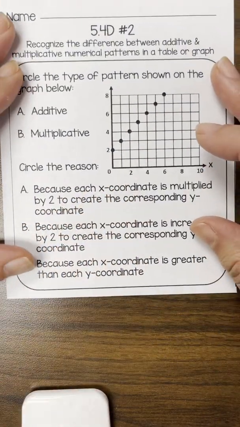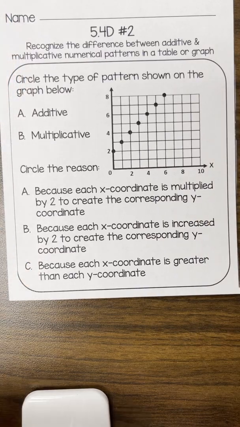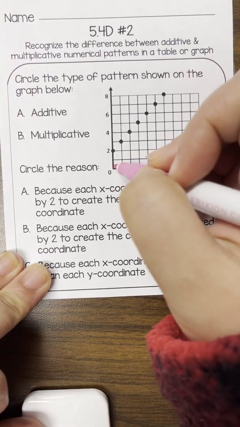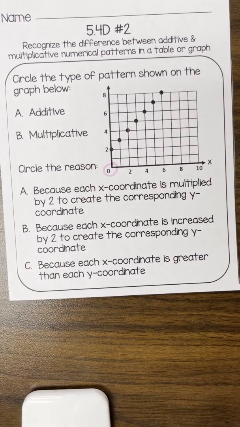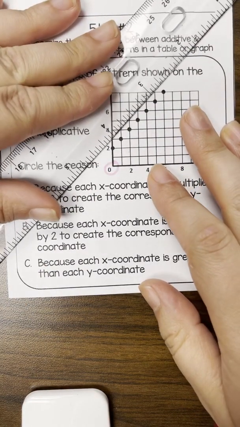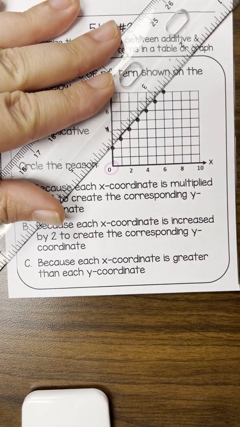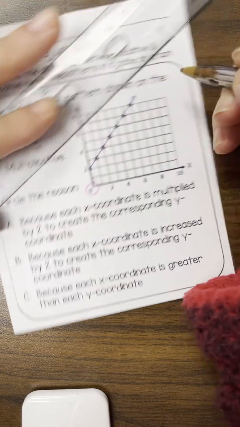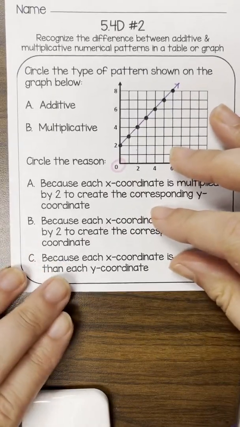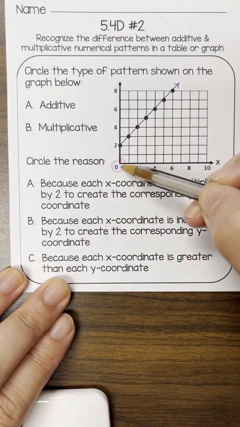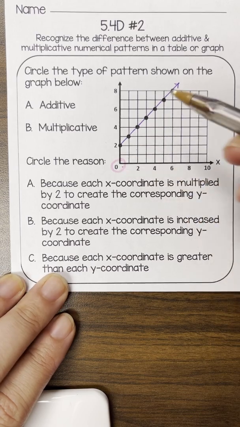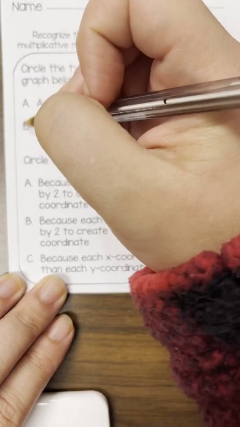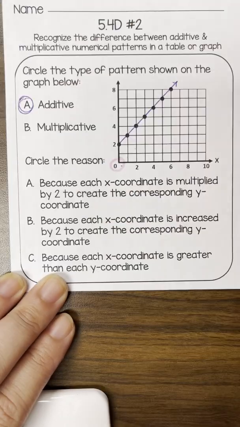All right. So again, we're going to look at the origin, which is 0, 0. Okay, and again we're going to draw our line here. So if you notice this time, the line doesn't start at the origin, okay? So it doesn't start at the origin, which means it's going to be additive, okay?